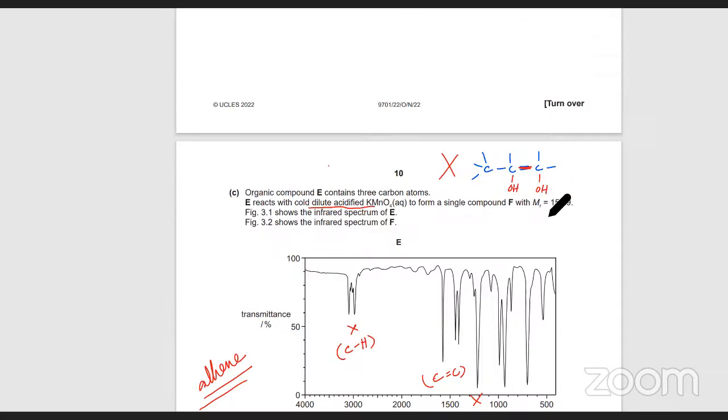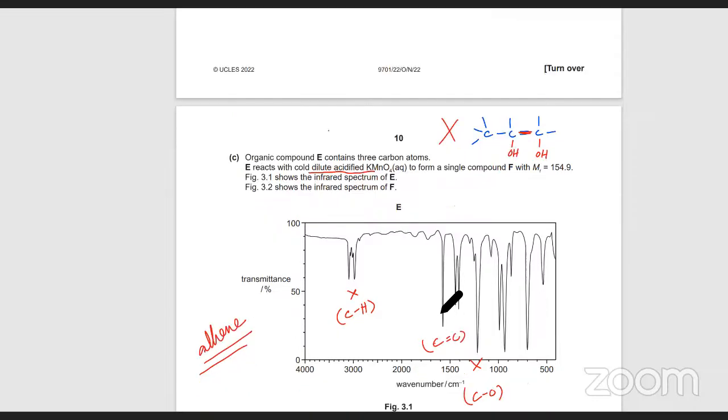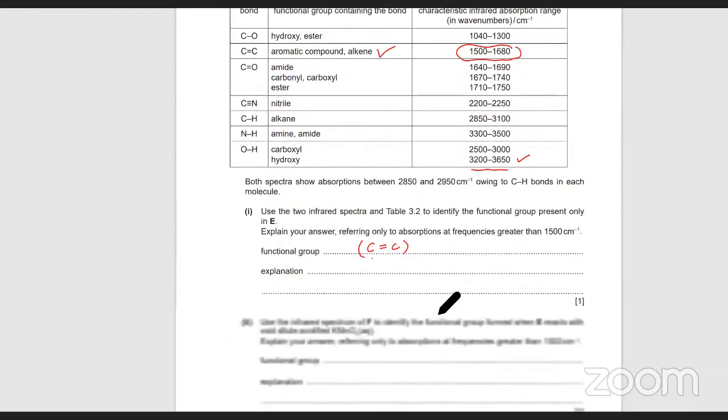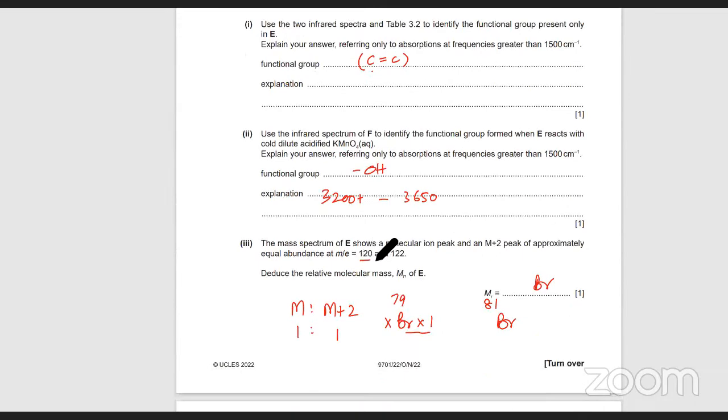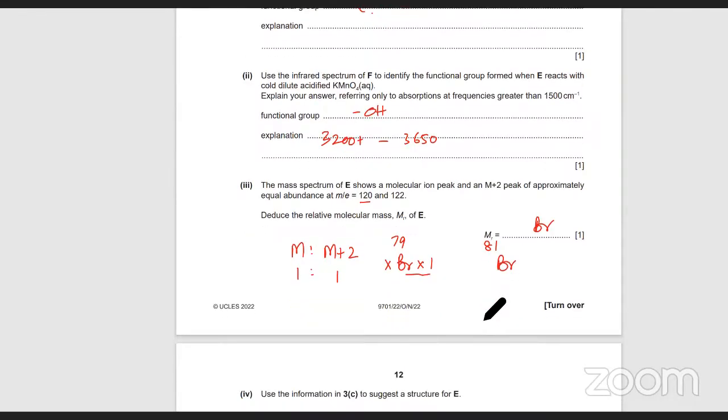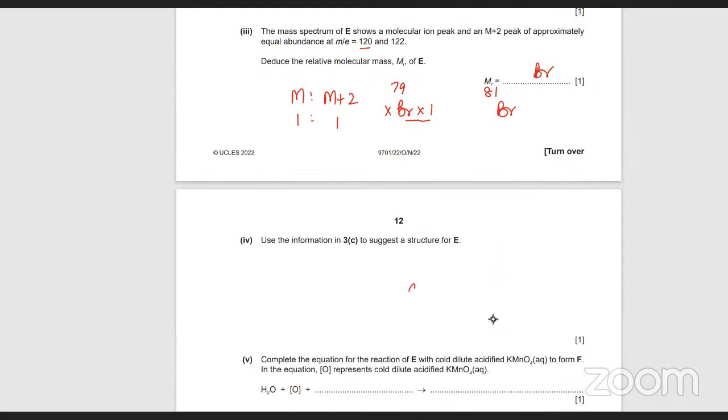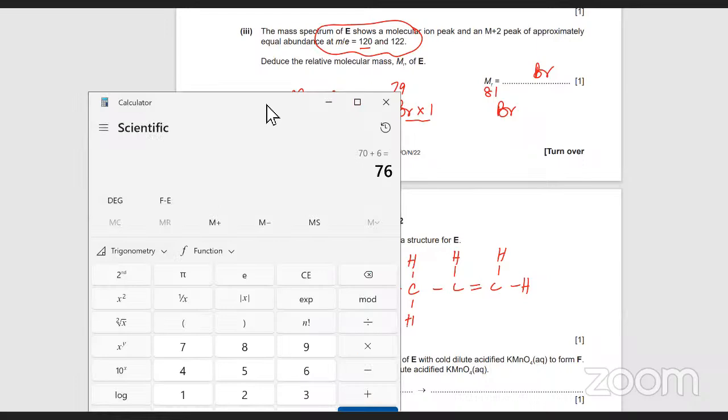Mr E की दी हुई है, 120 दी हुई है, ठीक है. तो है वो वही alkene जो हमने पहले figure out किया था, but it must have a bromine in it. One. तो bromine 79 भी हो सकता है, bromine 81 भी, इसलिए E की जो mass की value है उसके अंदर there is a variation, 120 and 122. अब total कर लेते हैं, do we get this or not.